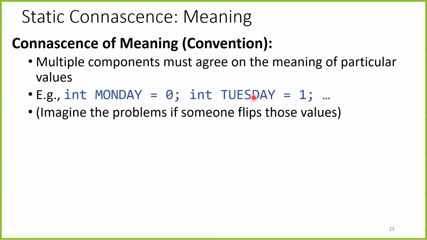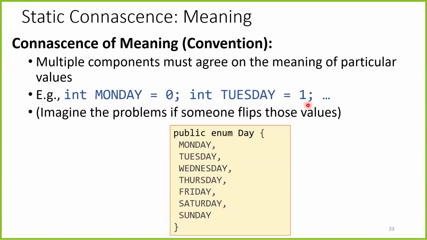If we don't agree on that, our code will not give us any error. There is no syntax error, but we will have some logical errors. Instead of Monday, we may have some other values that will break our code logically.